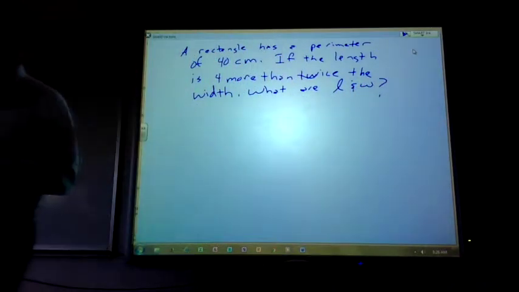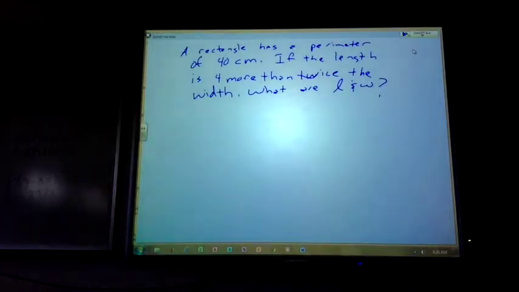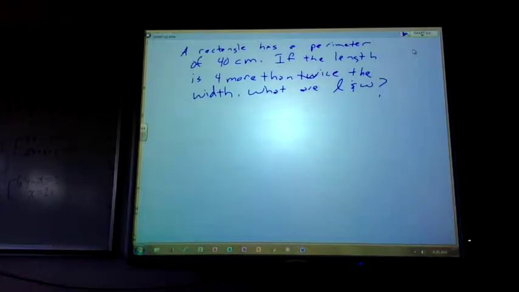Okay, Sophia. A rectangle has perimeter 40 centimeters. If the length is 4 more than twice the width, what are the length and width?